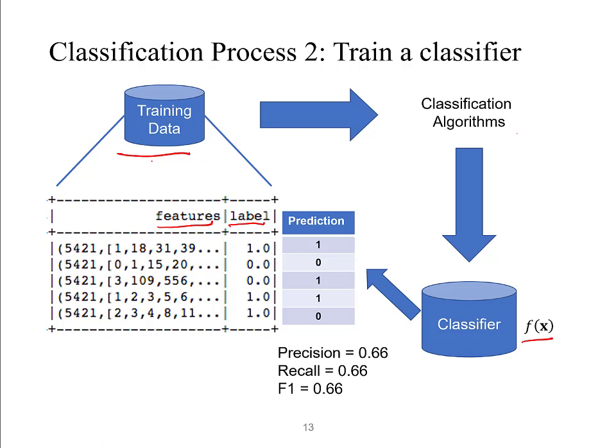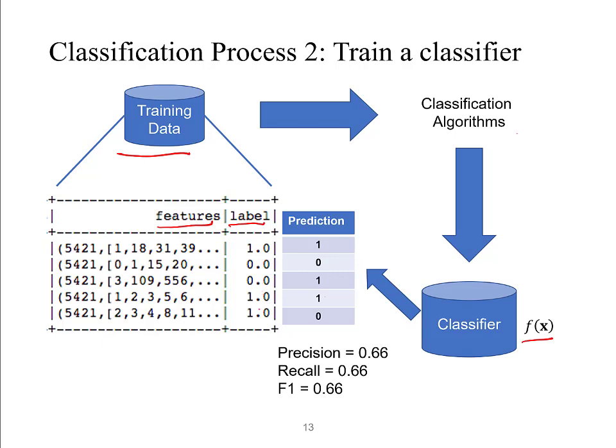Secondly, even if you can achieve that, it will most likely lead to overfitting. So when we have the prediction here and the labels here, we can compute the precision, recall, and F1. For precision, we predicted 3 ones, where 2 of them are the same as the label. So the precision would be 2/3.